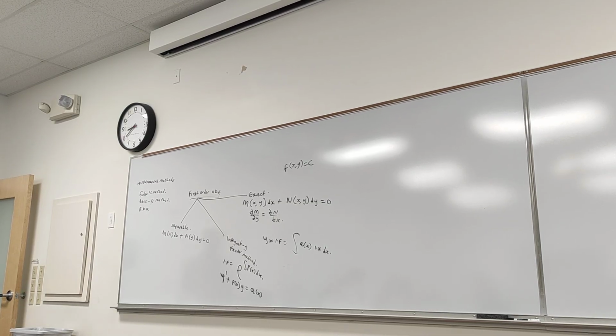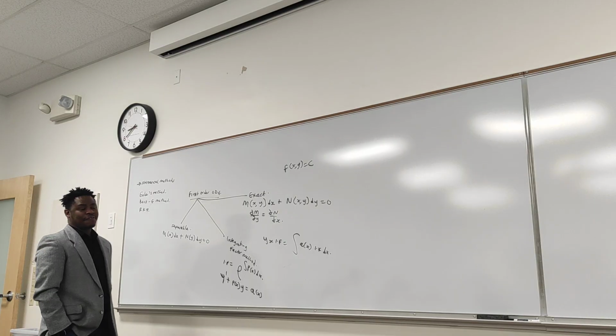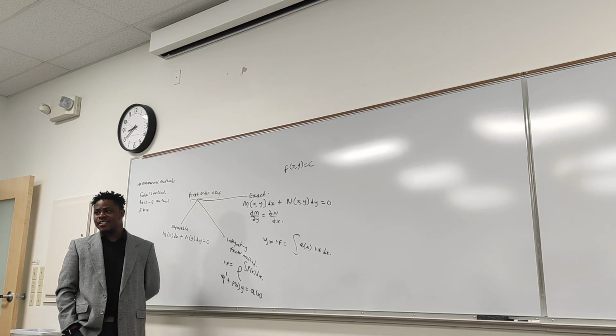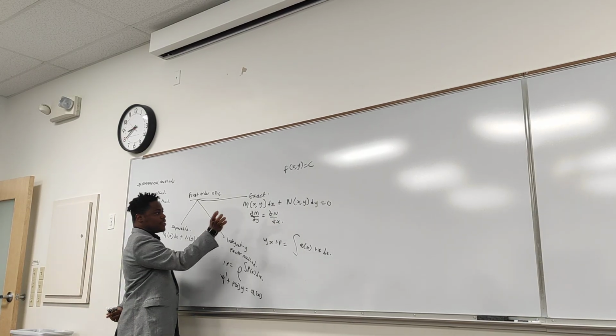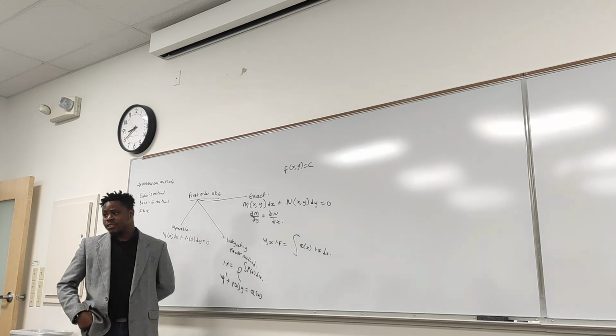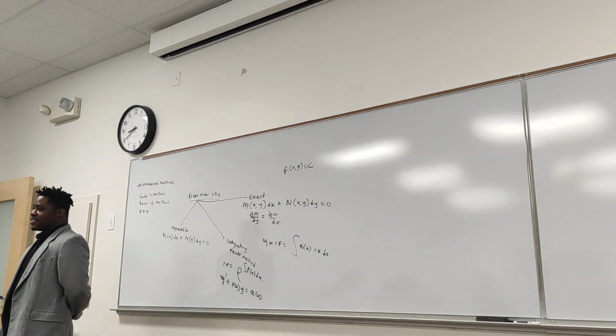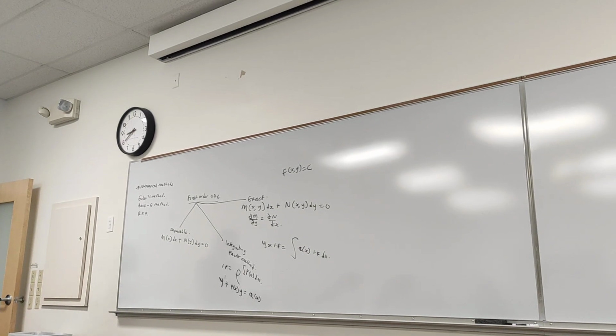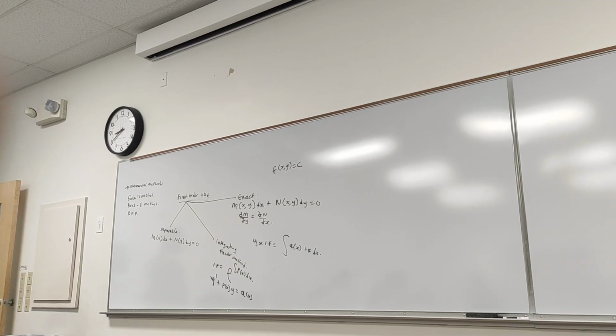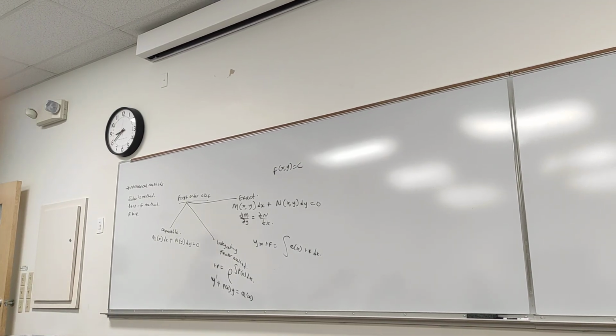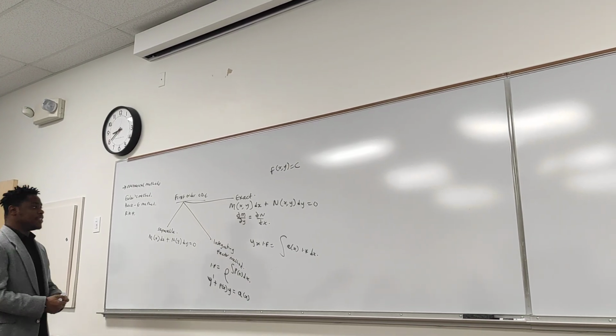You take the partial derivative, df/dx equals this function, right? Then you integrate it to find f, right? Then you have a function of y, and then you do df/dy to find that. Follow those 3 steps.